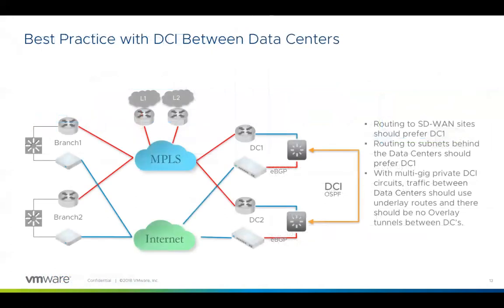So next, we're going to discuss certain best practices that VeloCloud recommends. So first is for DCI. If there is a fast convergence and high bandwidth DCI between data centers, what we recommend is not to run overlay tunnel across the DCI, because there's extra overhead for SD-WAN.